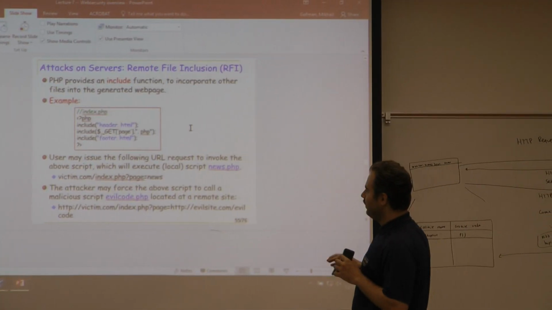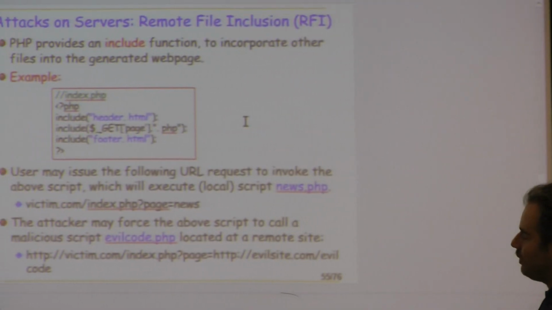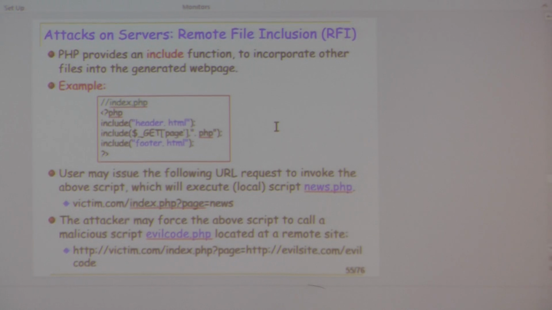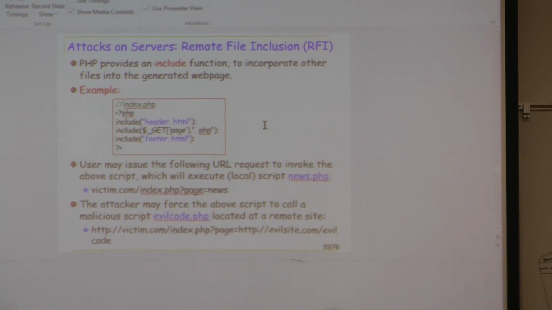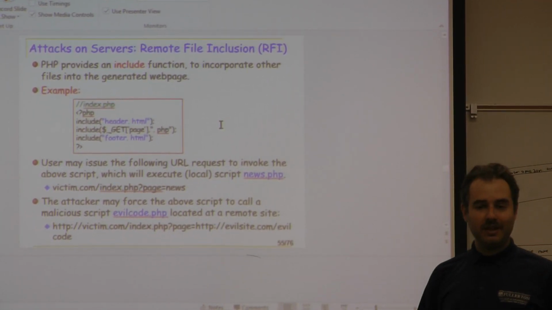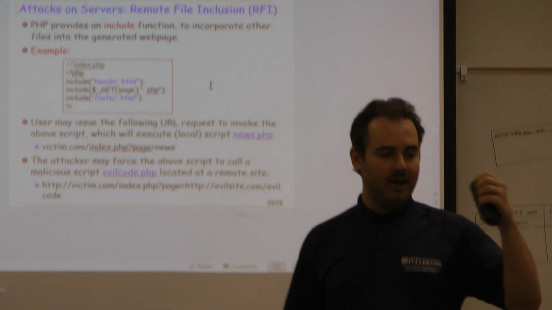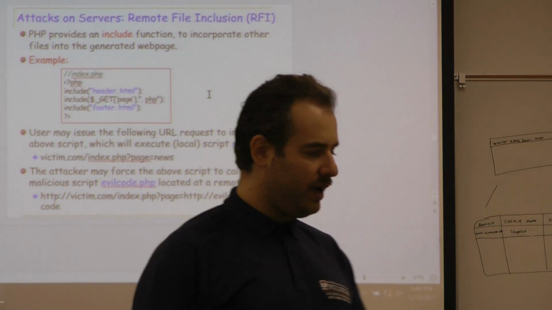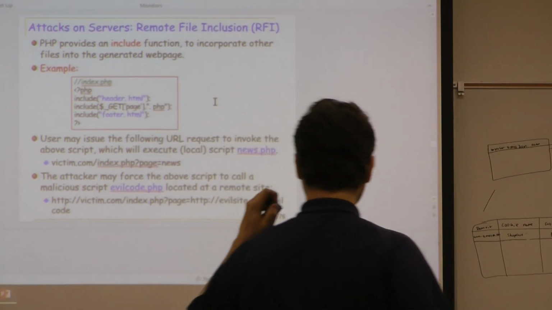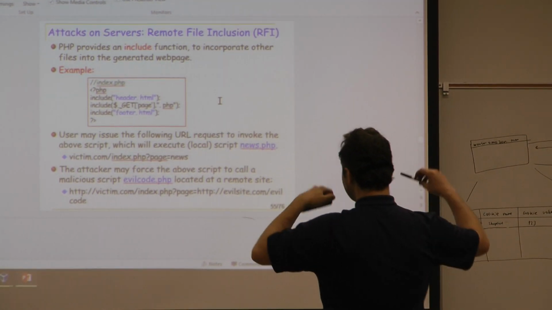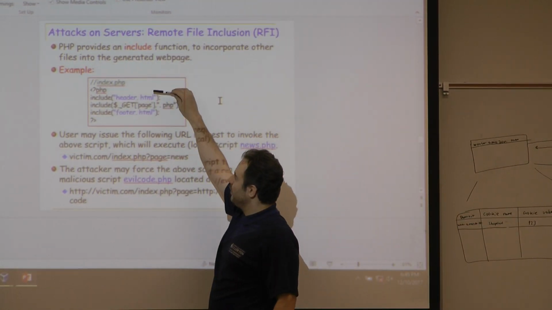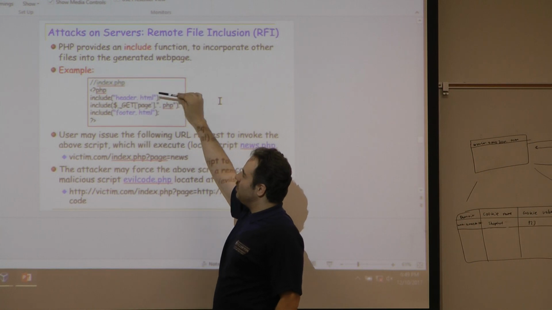How does this work? Well, let's say that I have a page which looks like this. So this is a script for generating a web page. You have probably seen websites many times that have a header and a footer for all their web pages, header, and footer. So what's happening right here is I have a statement called include.